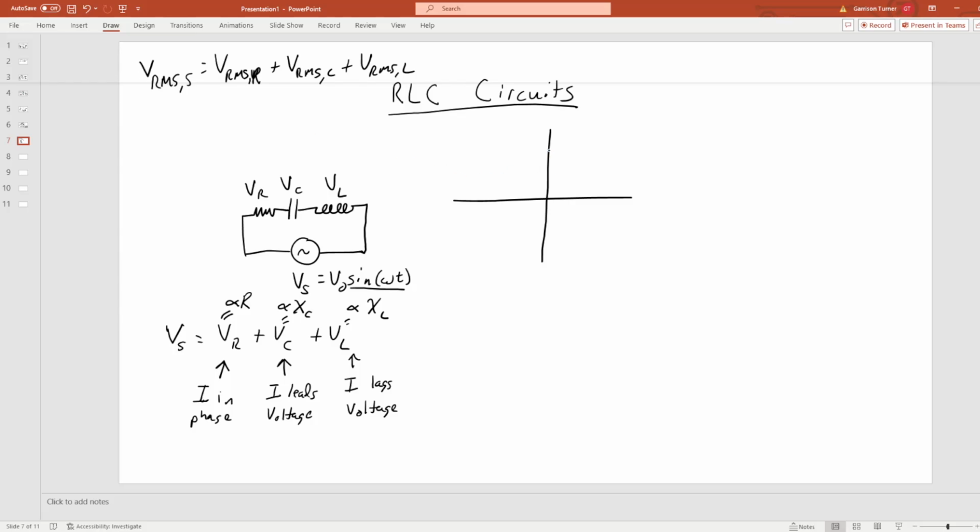Okay, so if my current at a particular time is right here, then what that means is from these statements, the voltage across the resistor is in phase.